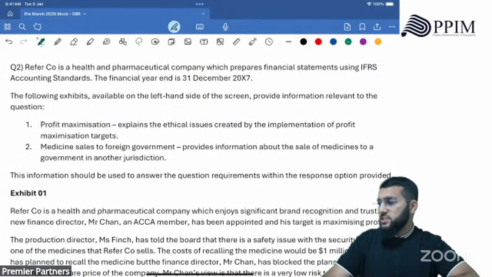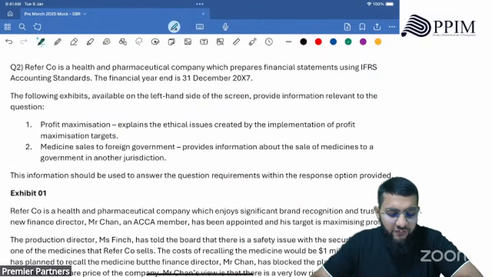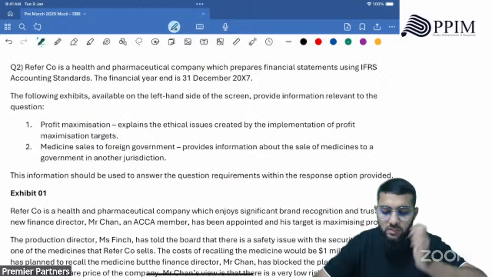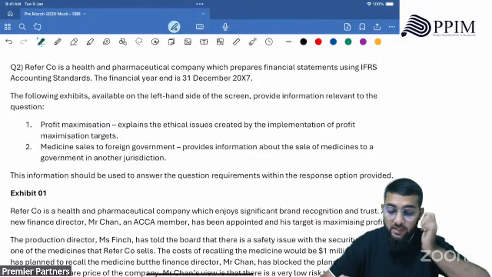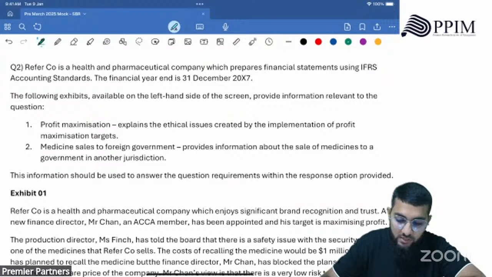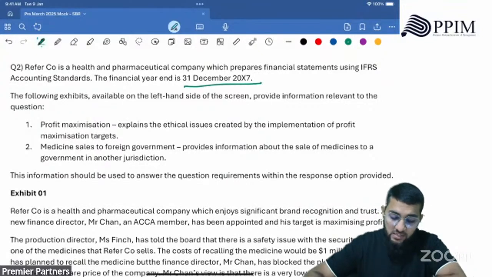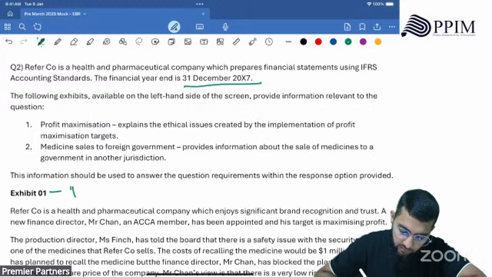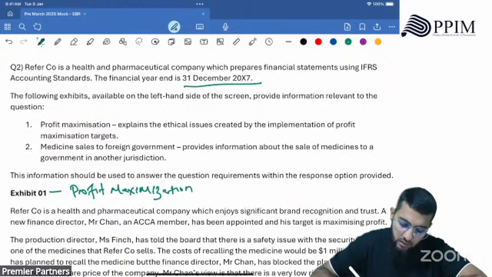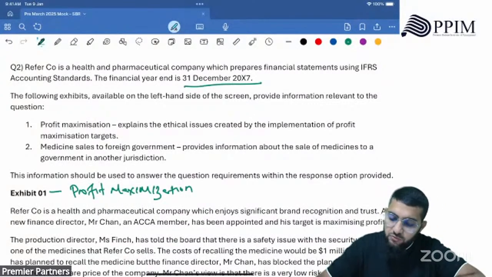All right, question number 2. Referco is a health and pharmaceutical company which prepares financial statements using IFRS accounting standards. The financial year end is 31st December 20x7. Just highlight the date. Exhibit 1, profit maximization. Explains the ethical issues created by the implementation of profit maximization target.